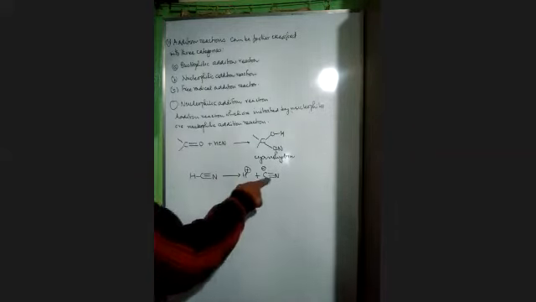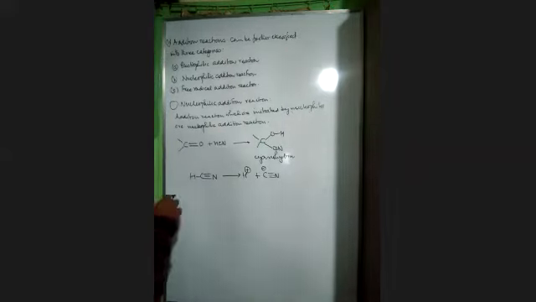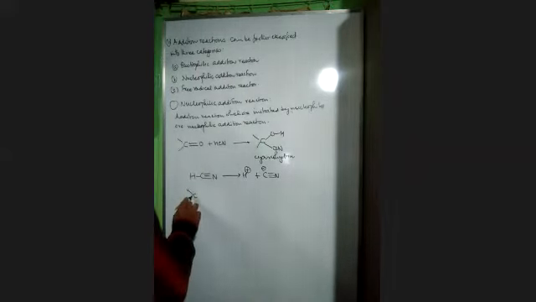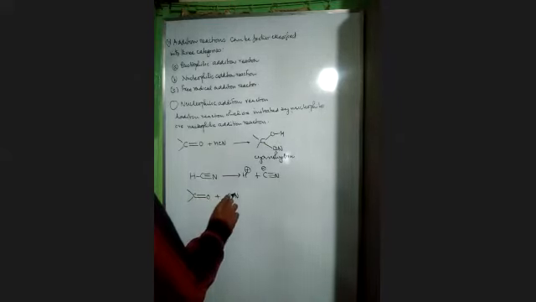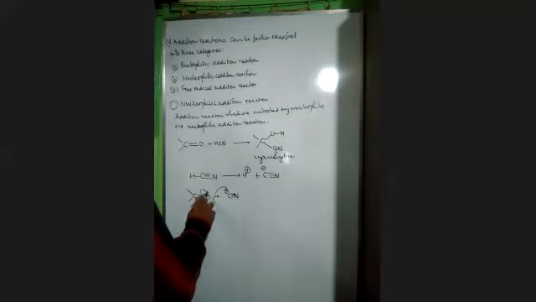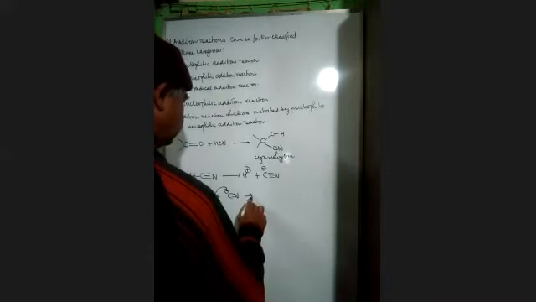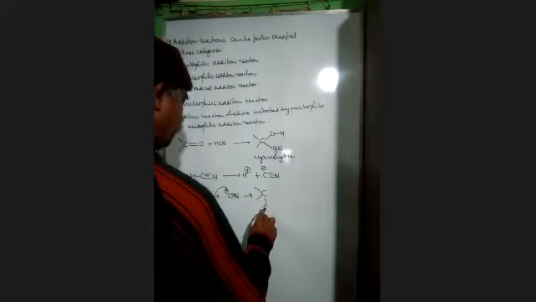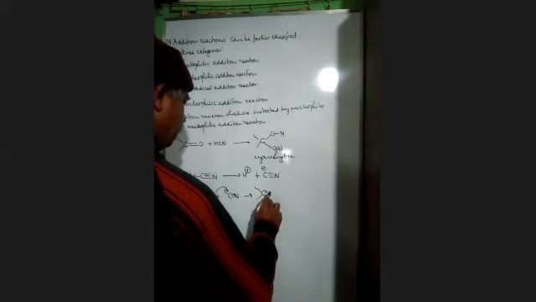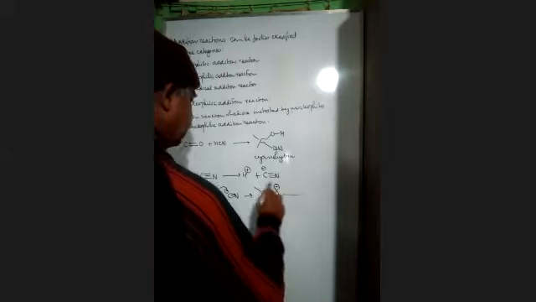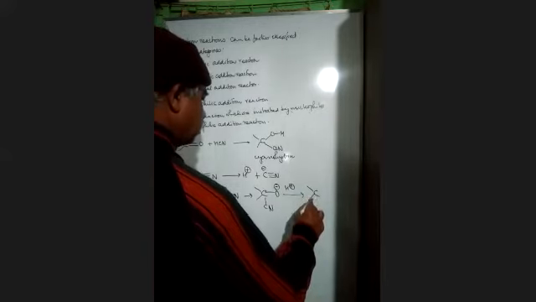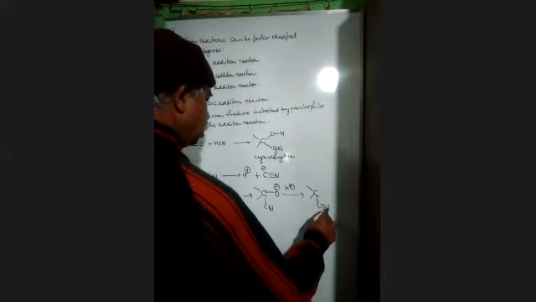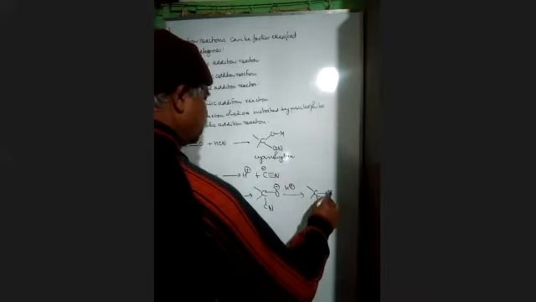It breaks down to give H plus and CN minus. This is called hydrogen cyanide. Look now what happens. This is the one which attacks. Okay. So now, see, O minus takes this H plus. These are not at all difficult. These are very, very easy. Common sense. Common sense.